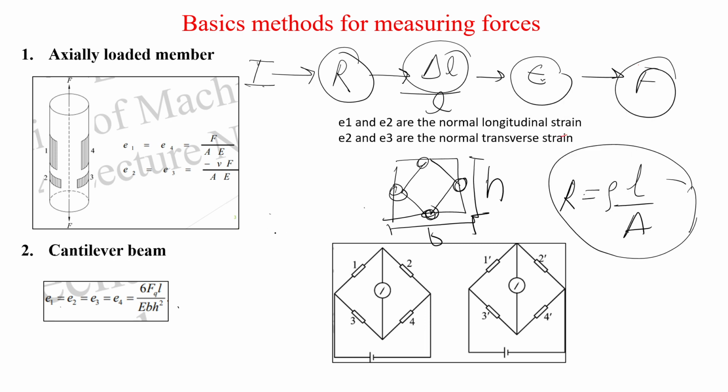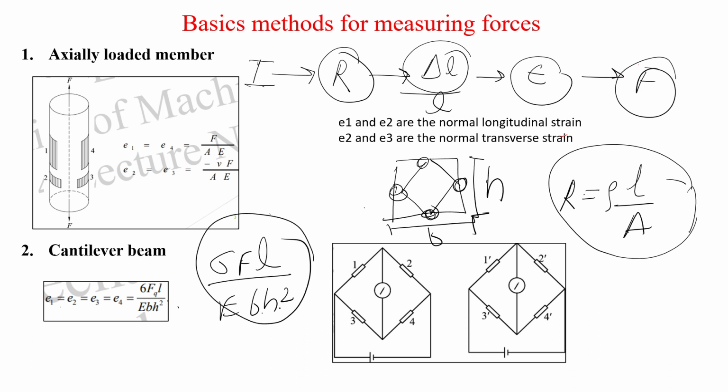So I am directly using the formula. Since this is a very symmetric structure, the value of every strain will be the same, which comes out to be 6 FL upon EBH square. B and H are width and thickness. For example, if B is equal to H, then it will become B cube.